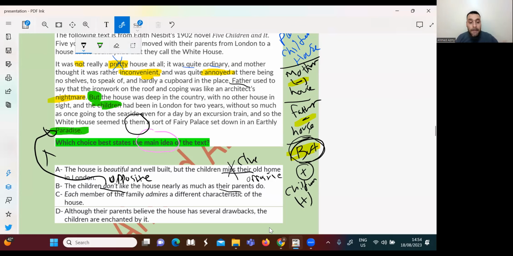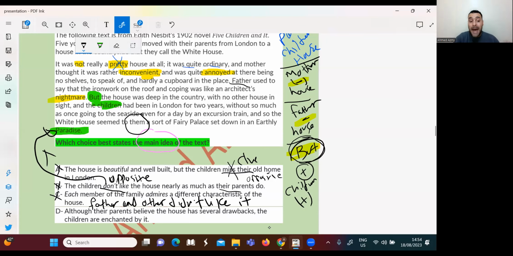So when I say each member of the family admires a different characteristic of the house, I will tell him it's wrong because the father and the mother didn't like it. Bravo. Didn't like it. That's why, by elimination, guys, Hassan, explain the right choice.